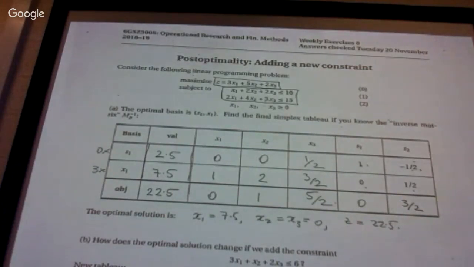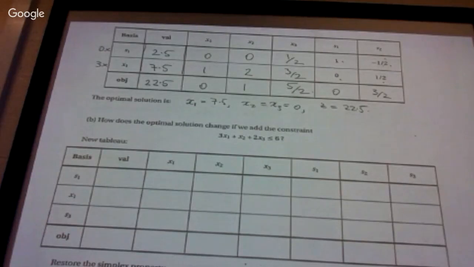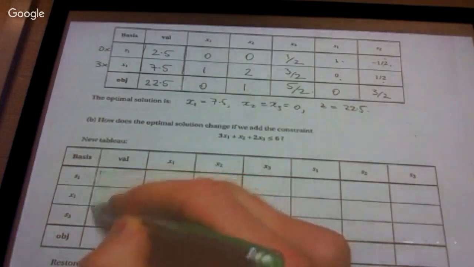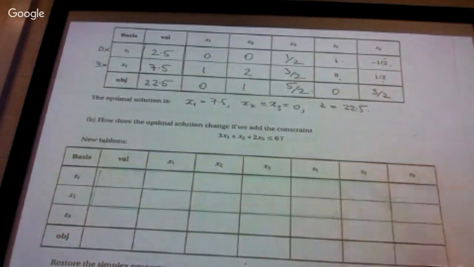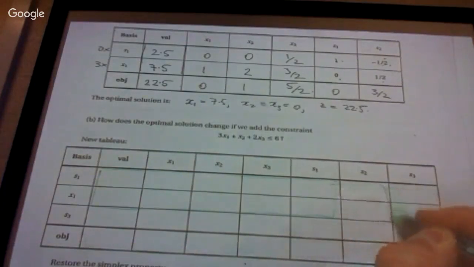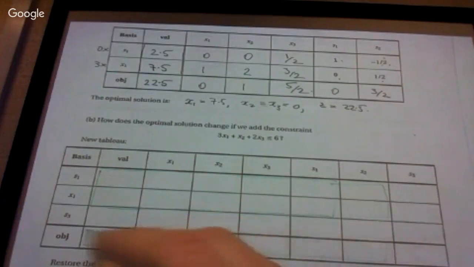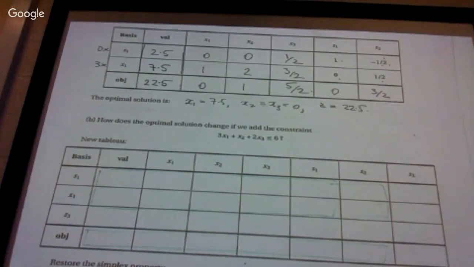So that's how you do it. Then when you want to add a constraint, which is something that we did last week, these parts over here and all the way there, and this objective row, are exactly what you have up there, so that's just copied.